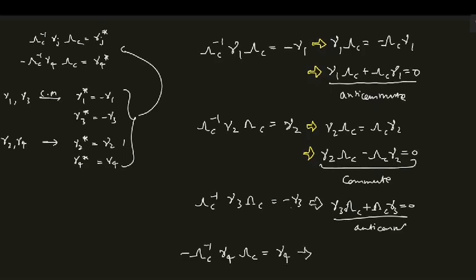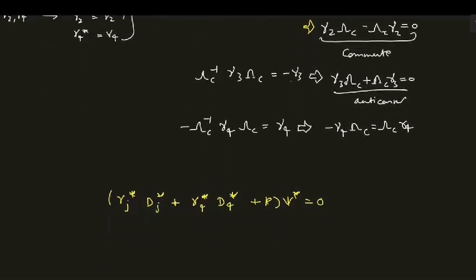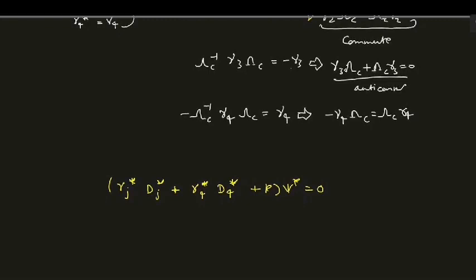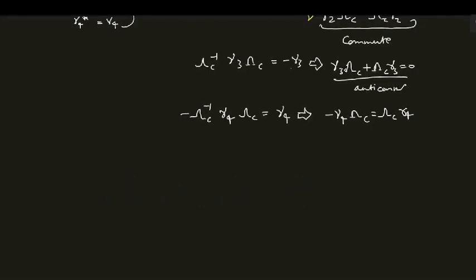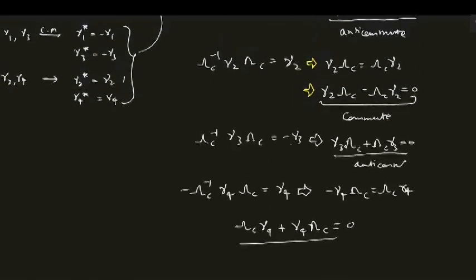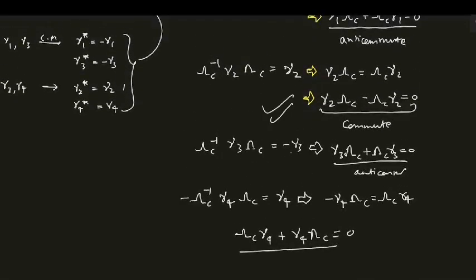Because these are real matrices, if you multiply lambda c on both sides you will get minus gamma 4 lambda c equals lambda c times gamma 4, or you can write it as lambda c gamma 4 plus gamma 4 lambda c equals 0. This is also anti-commuting with this one. Okay, so lambda c is commuting only with gamma 2, and it is anti-commuting with all the other three matrices.